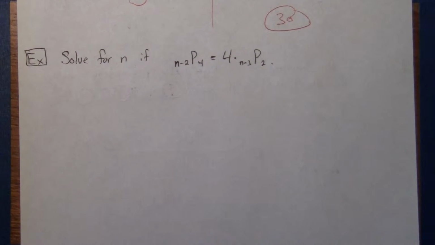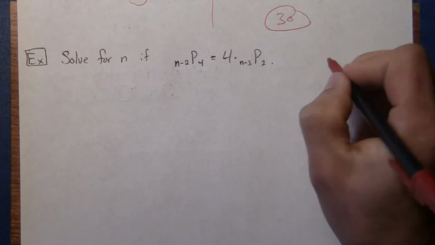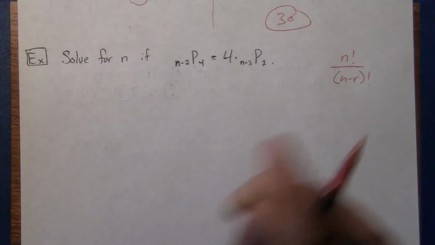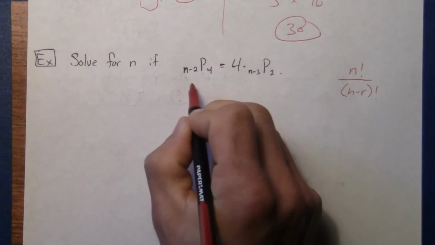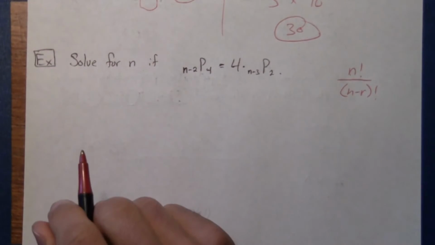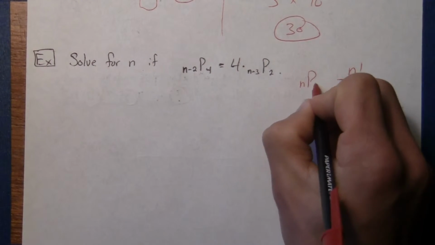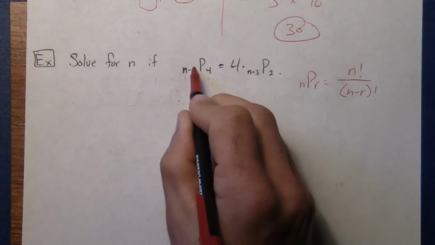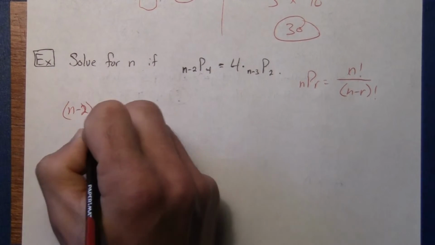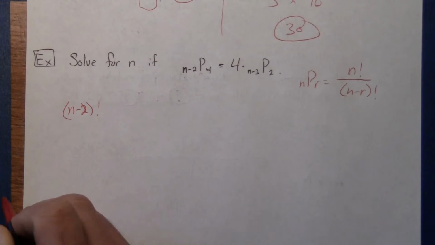Alright, and then for this last one, solving for n, it's a permutation, so I want to use this formula. If I look over here, this is standing for the n. This is standing for that numerator when you usually have your formula, which is nPr is equal to n factorial divided by n minus r factorial. So it should be n minus 2 factorial. I don't know what the exact number is, but that's okay.